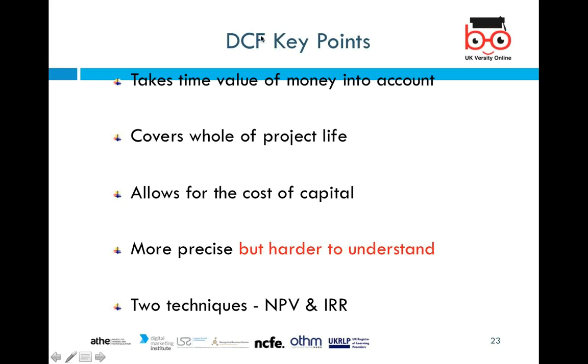It's more precise, more accurate, but harder to understand. And for discounting, there are two tools and techniques: the net present value and the internal rate of return.